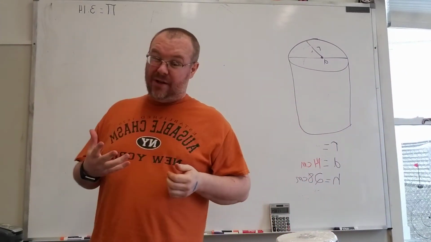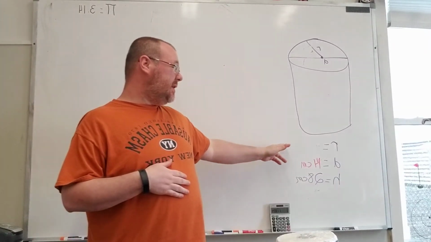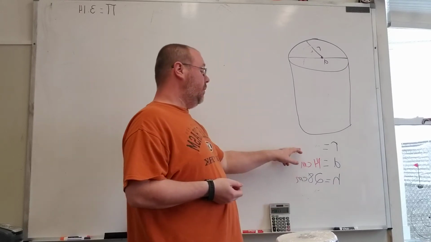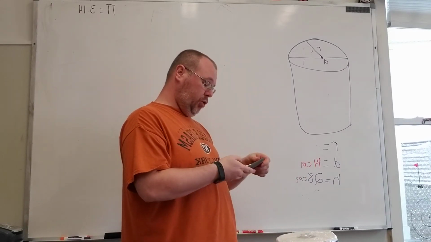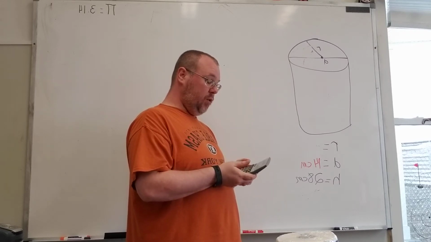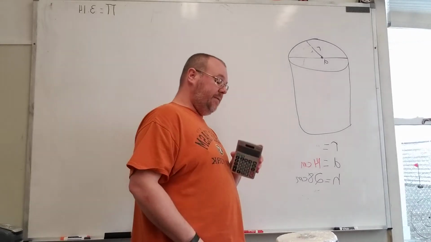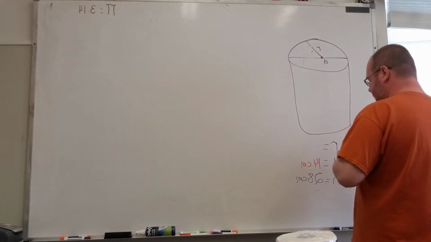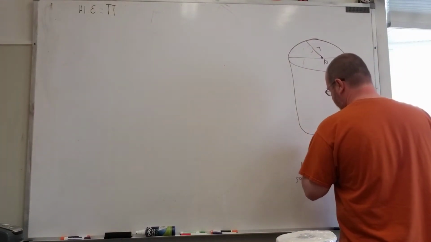So if our diameter is 14, what is our radius? Use your calculator if needed. We are dividing by 2. 14 divided by 2 equals 7. Our radius is 7.